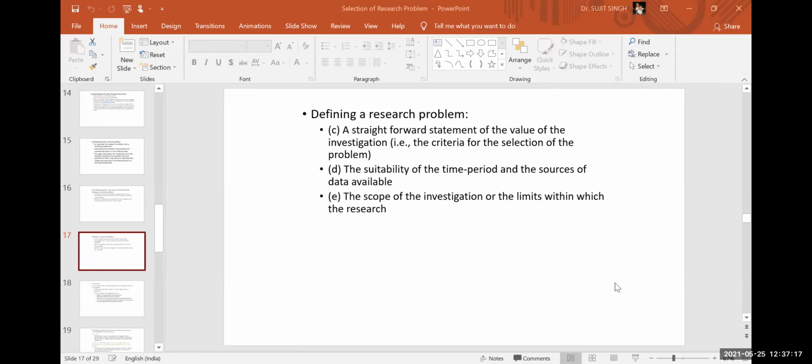Same thing happens. Let's say if you are going to perform some study for small scale industries, there is a lot of difference between the small scale industries and the medium and large scale industries. Their characteristics are different, their way of working is different, their organizational structure is different.